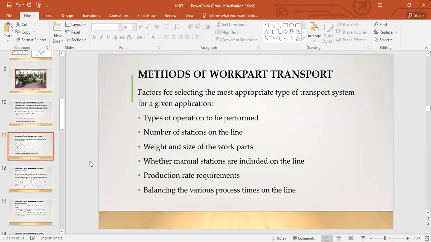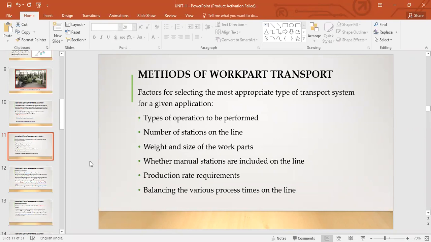It is either uneconomical or inflexible, not justifiable for an automated machine. So in that case, you'll use a manual station and a manual worker will be placed there. So whether that is included, you have to ask that.